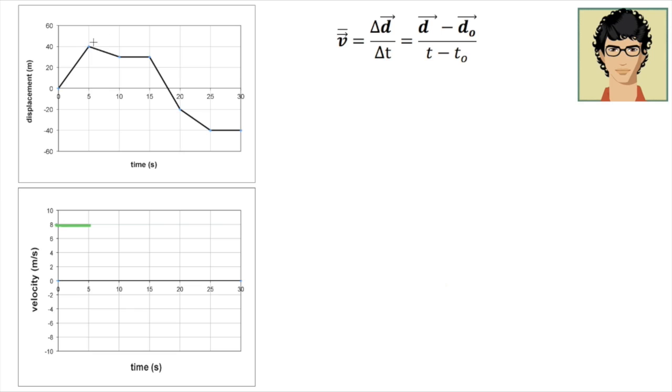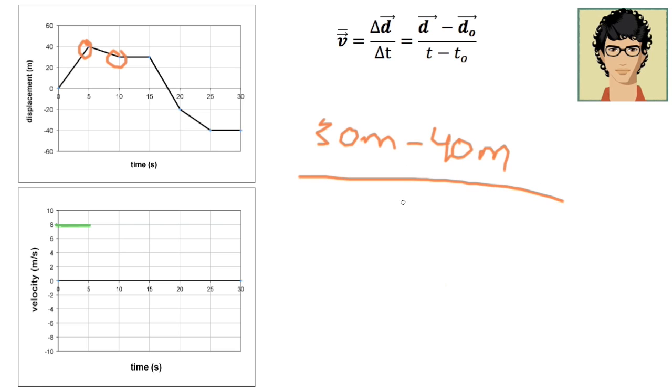The next one is this interval over here. For that, we are going to move from displacement 40 to displacement 30. So we have 30 meters, minus where we came from, 40 meters, divided by the time interval.